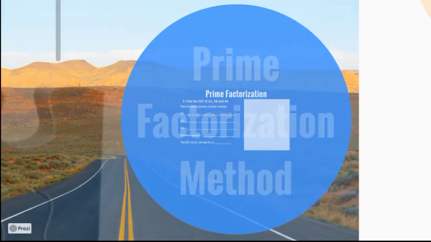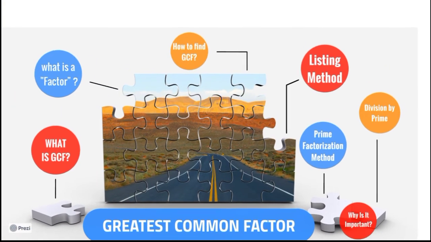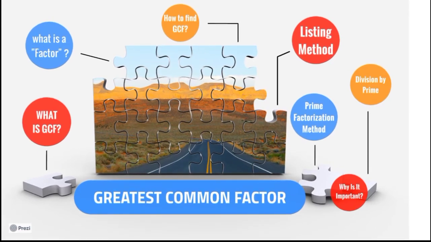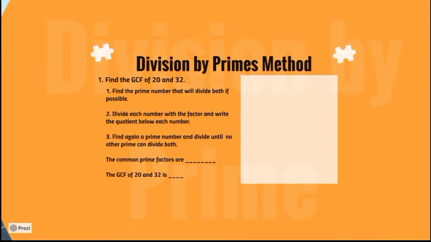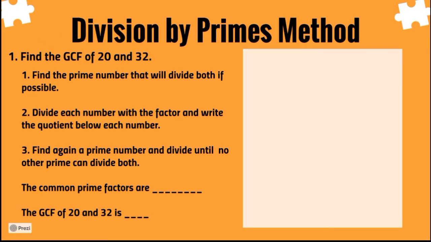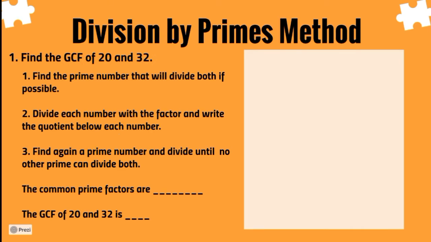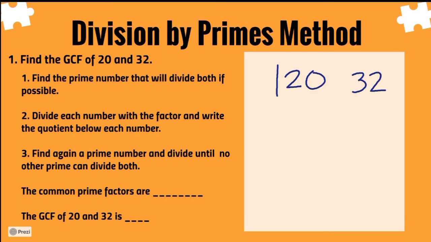So, hanapin naman natin ang GCF ng dalawa o higit pang number using division by prime. Example number 1. Find the GCF of 20 and 32. Find the prime number that will divide both if possible. 20 and 32.